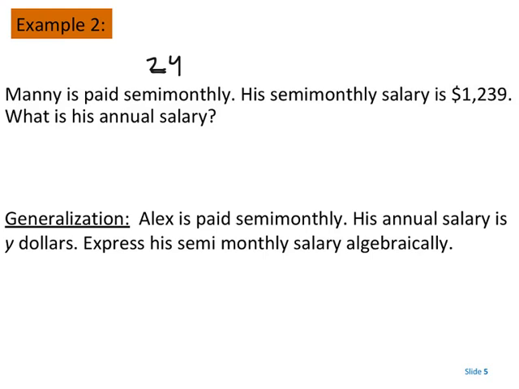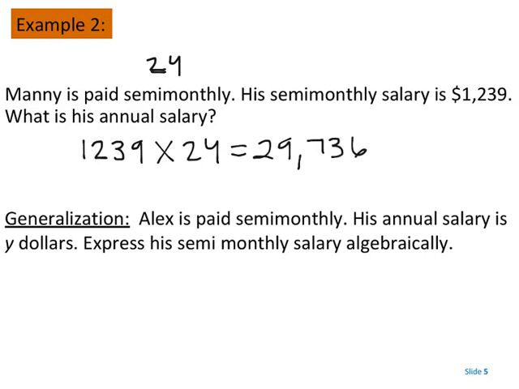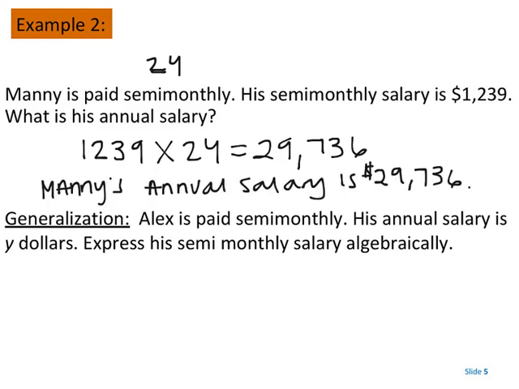We multiply it by his number of paychecks, so times 24, and he ended up getting $29,736 for that 1 year. So that's Manny's salary. Let's write a complete sentence for that: Manny's annual salary is $29,736.